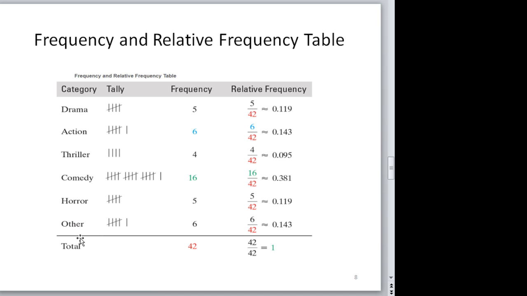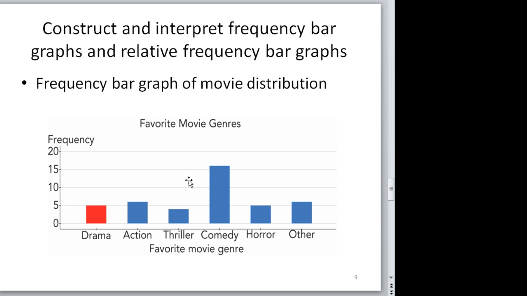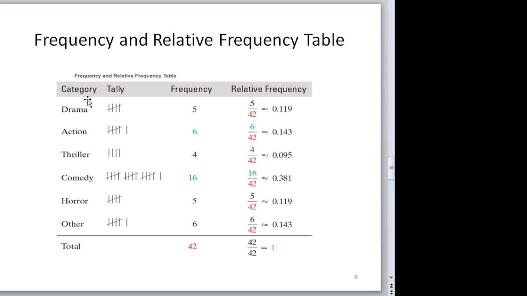So once we get this into a table form like this, this was the original data, and now we have this table form on page 8. Not only do you see the frequency, but now you see this in proportion. So you know that comedy, about 38.1%, about 38% let's say, likes comedy type of movie, right?